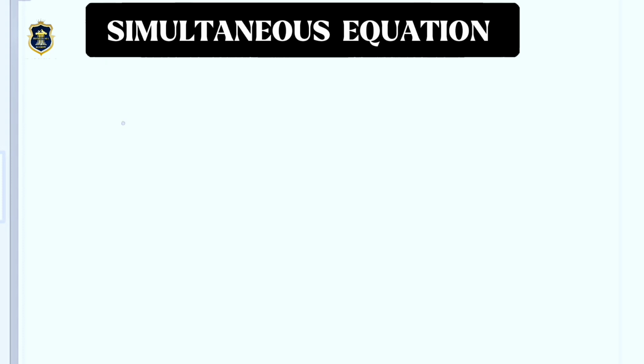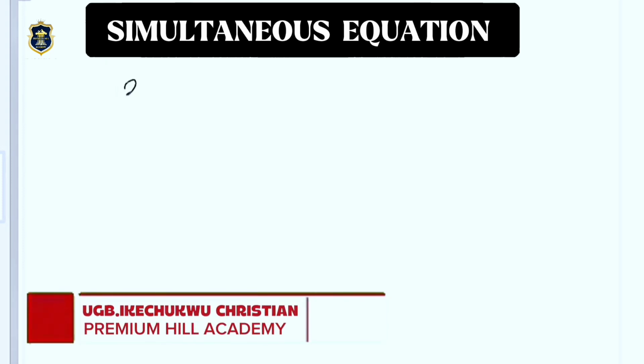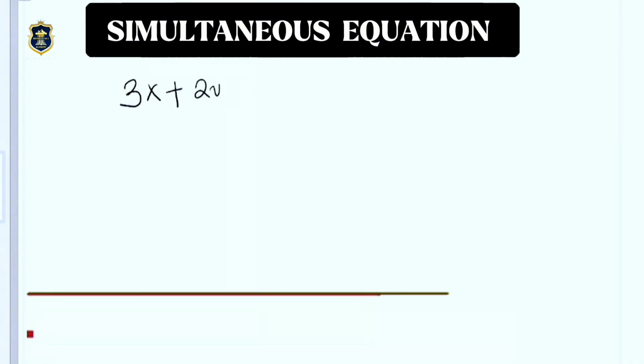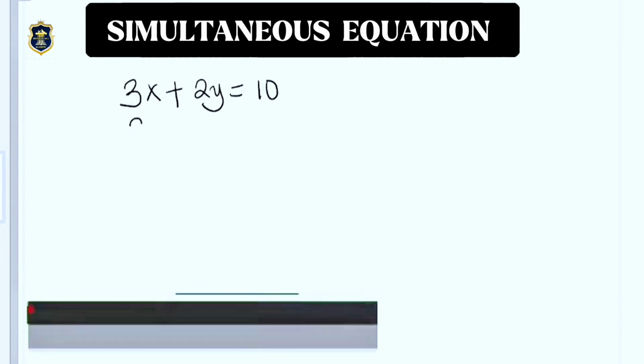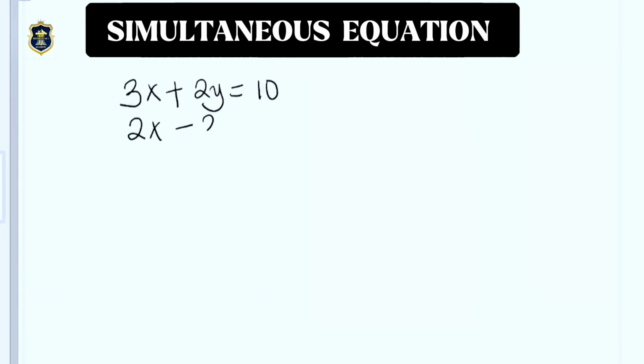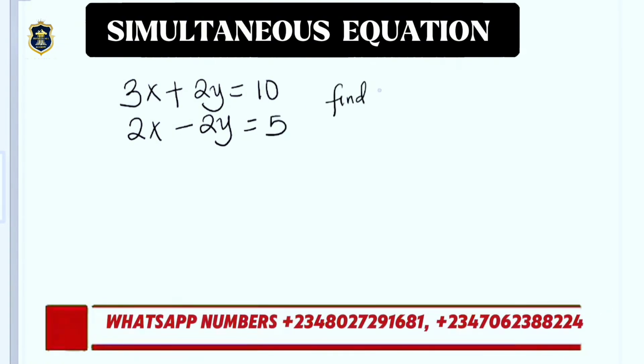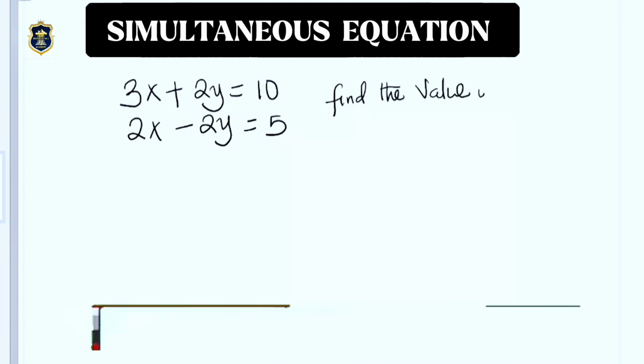For instance, let's assume we're given 3x plus 2y equals 10, and then we have 2x minus 2y equals 5. I have to find the value of x and y.